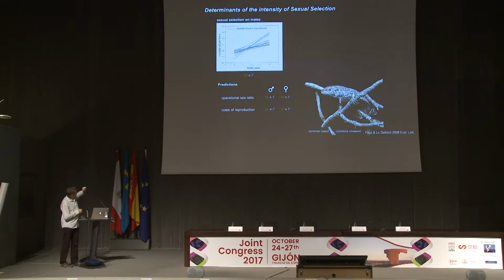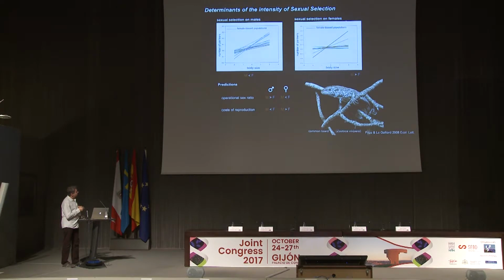If we look at the results on sexual selection on males, you see different slopes. The steeper the slope, the more intense the sexual selection. As you can easily see, the blue slopes were steeper. That means the intensity of sexual selection on males was stronger in female-biased populations than male-biased populations.